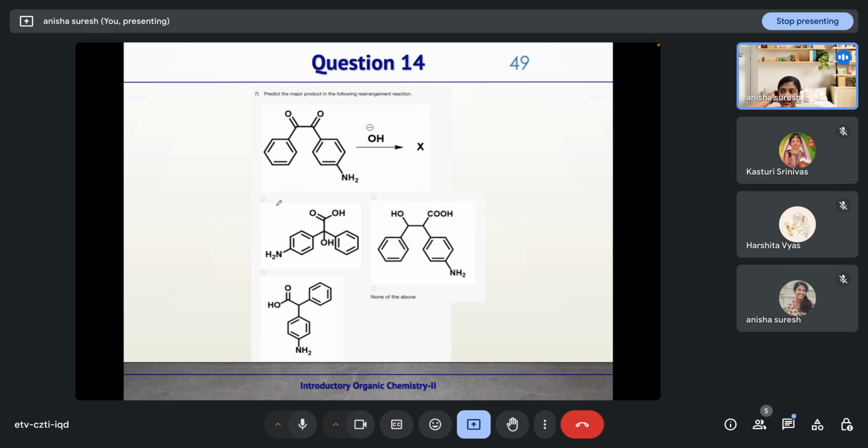Now coming to question number 14. What is the rearrangement that is taking place here?